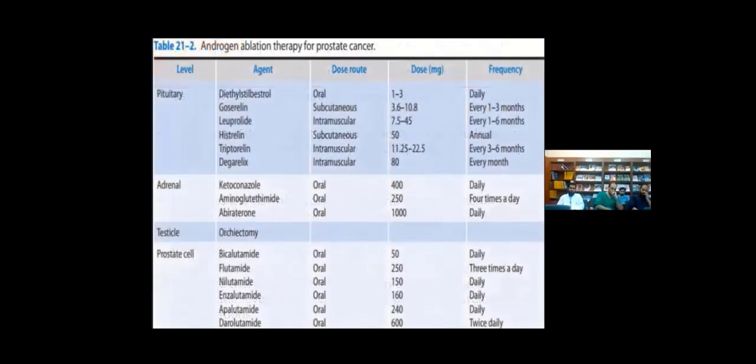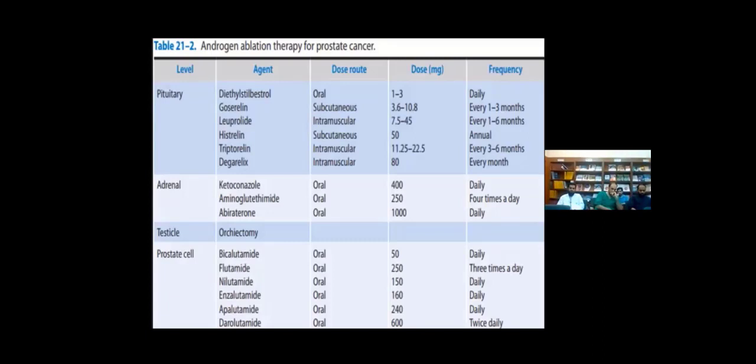This is the summary of what we have discussed. Now we will discuss at which levels they act. Estrogen, diethylstilbestrol, acts on the pituitary. It is given orally at a dose of 1 or 3 mg daily. Goserelin, leuprolide, and histrelin also act on the pituitary.